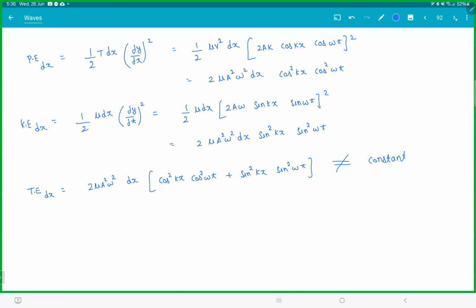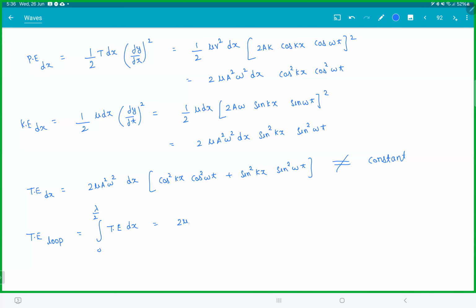Now, if you want the total energy of the loop as a function of time, I need to integrate with x. The total energy of the loop will be the integral of the total energy dx from 0 to lambda by 2. There's actually a much faster way. Now, the omega t part is constant.